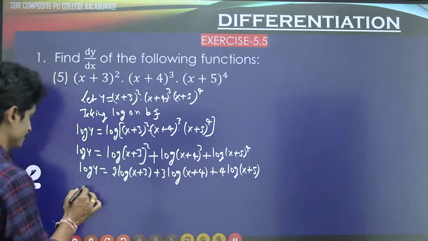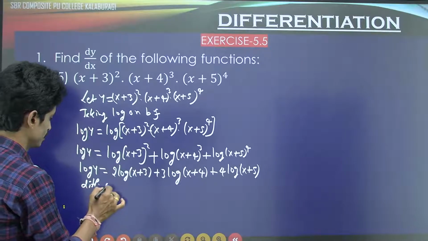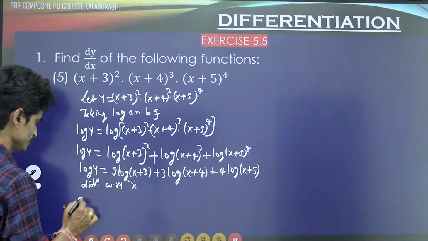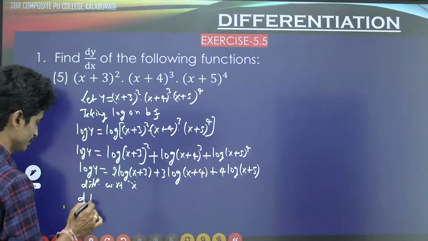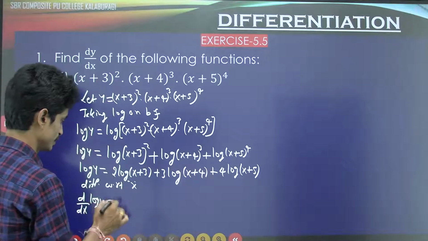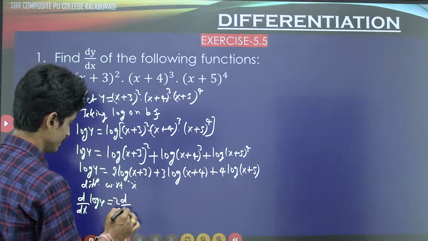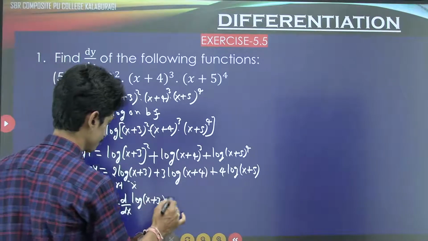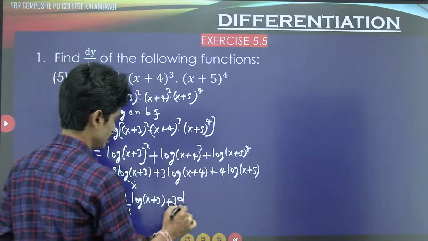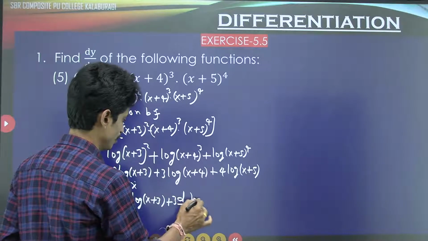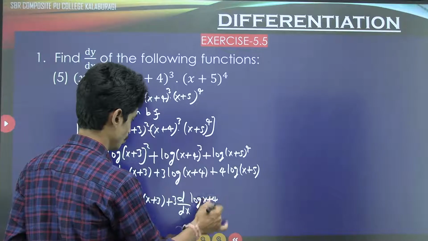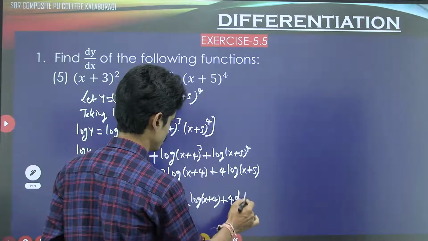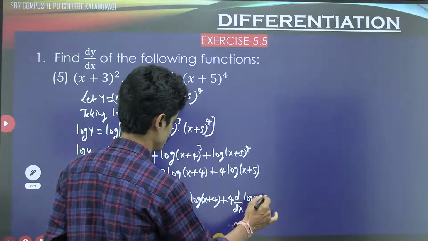Now we should differentiate with respect to x. It becomes d by dx of log y equals 2, a scalar, take it out, d by dx of log of x plus 3, and 3 take it out, d by dx of log of x plus 4, plus 4 taken out as scalar, d by dx of log of x plus 5.